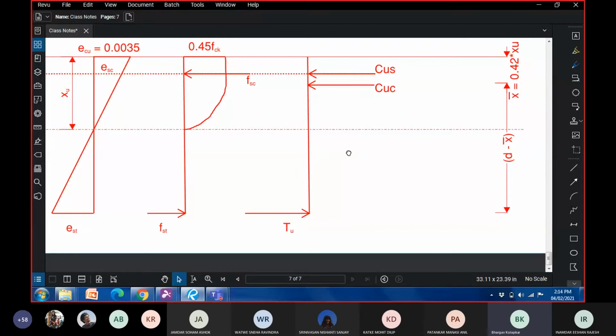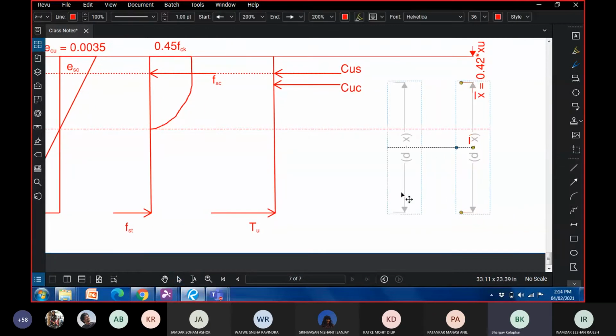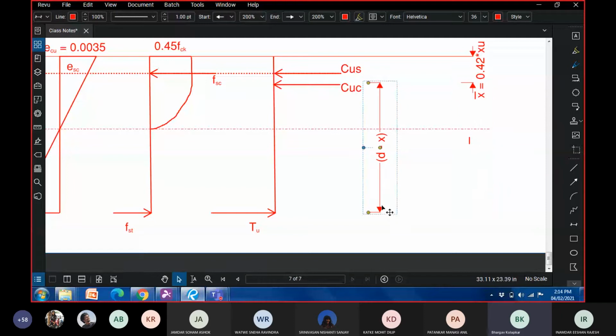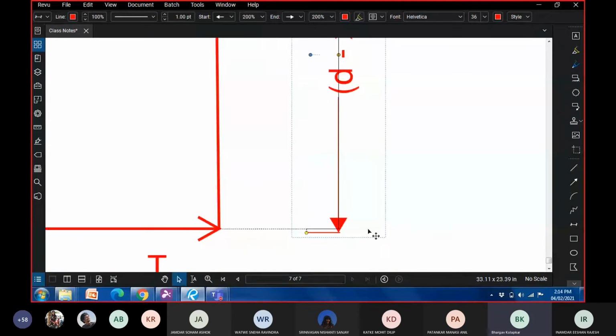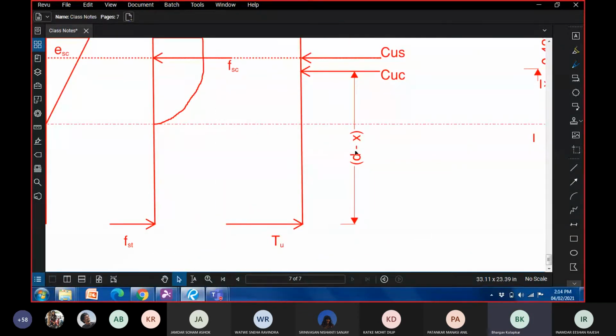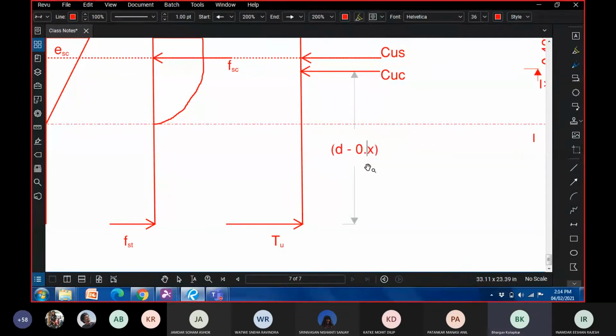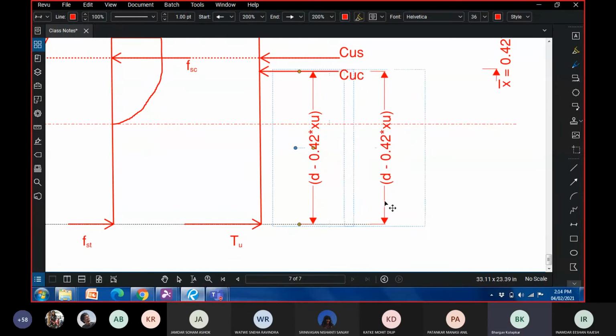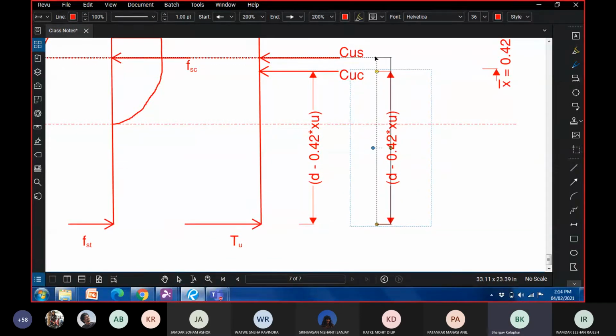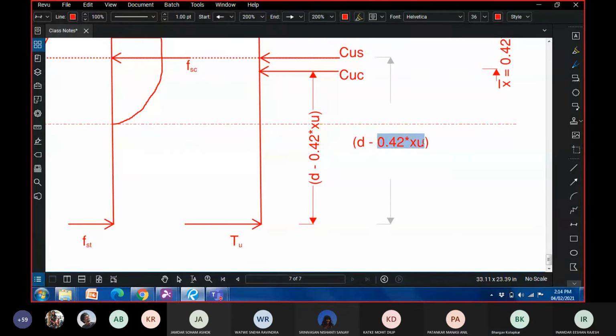Now, if we look at the lever arms, the lever arm between the tensile force and the compressive force in concrete is D minus X bar, which is D minus 0.42 times XU. And just now, we've seen that this distance is D minus D dash.